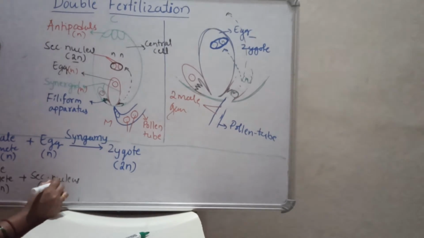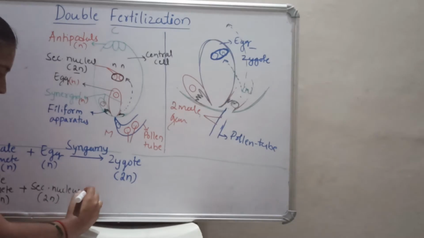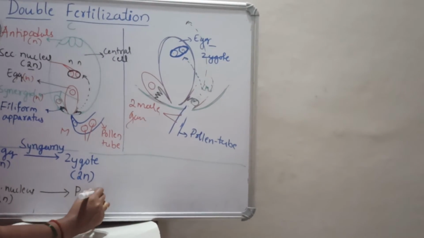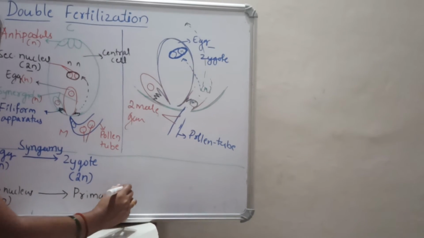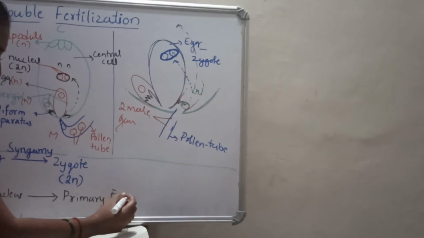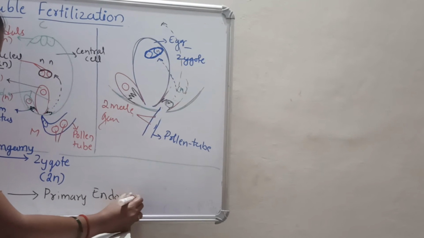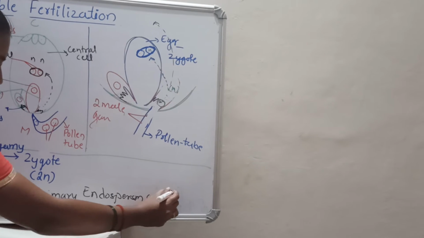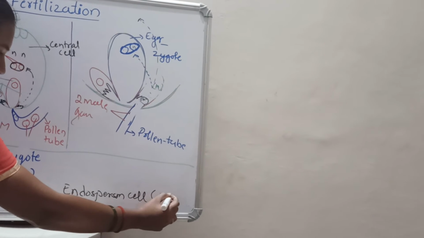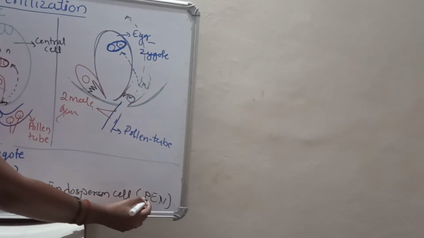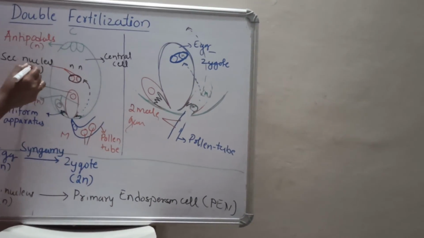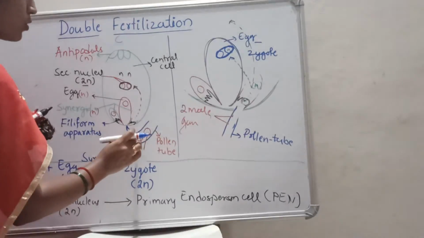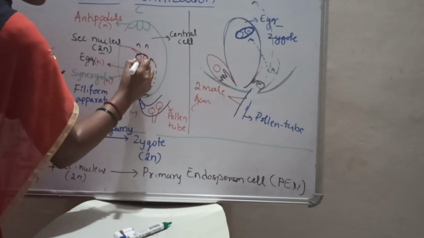The secondary nucleus has 2 nuclei, and it is formed in the primary endosperm cell. It is called PEN. PEN means primary endosperm nucleus. The one male gamete fuses with the secondary nucleus, which is already 2N.